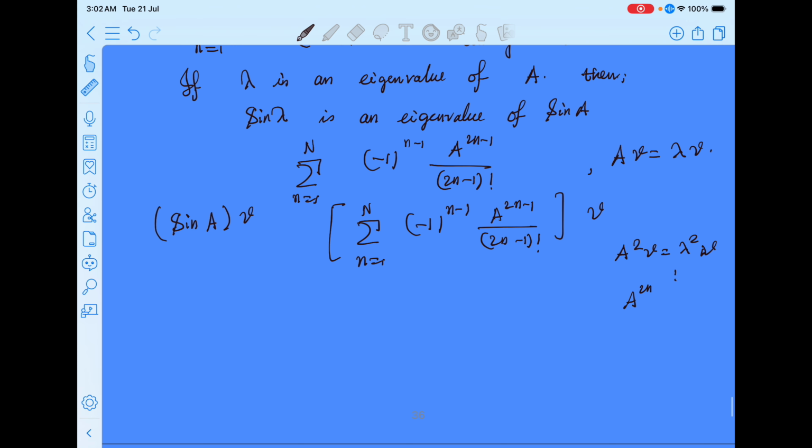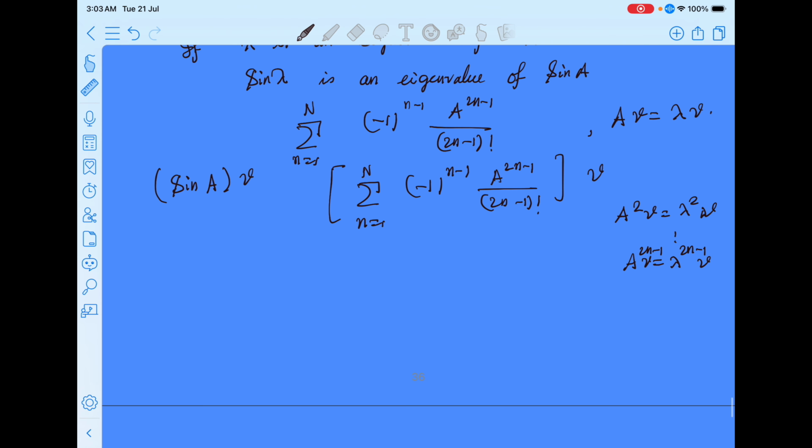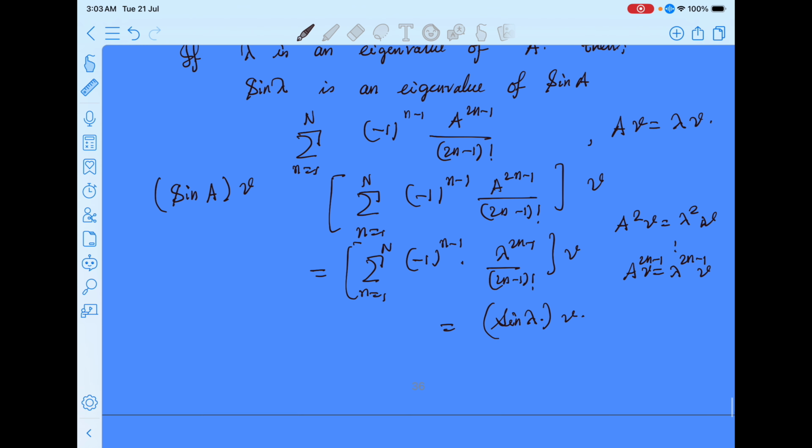So A to the power 2n minus 1 V equals lambda to the power 2n minus 1 V, right? So this will equal the summation n from 1 to n, minus 1 to the power n minus 1, lambda power 2n minus 1 divided by 2n minus 1 factorial, of V. Okay, so as n tends to infinity, this is nothing but sin lambda of V. Okay, this is just a proof.